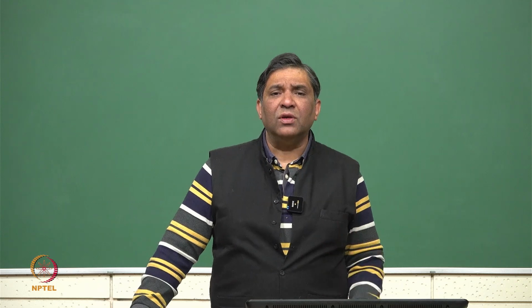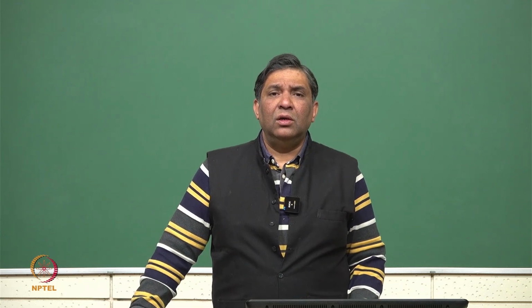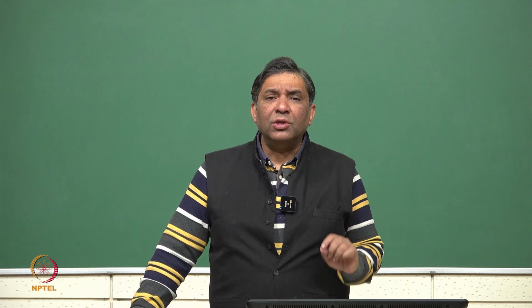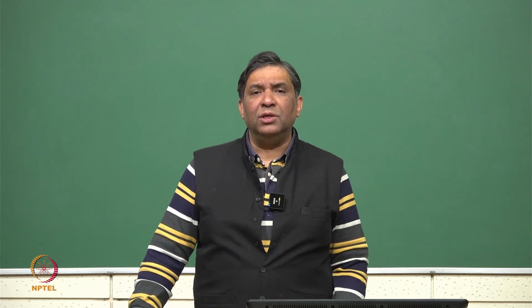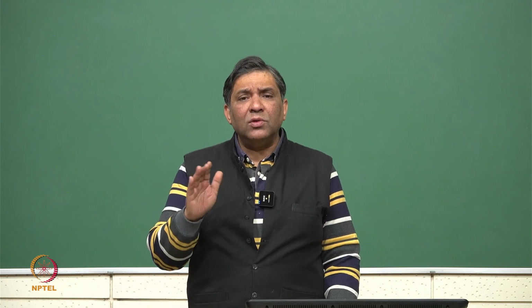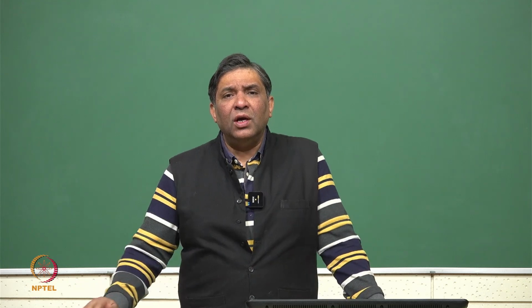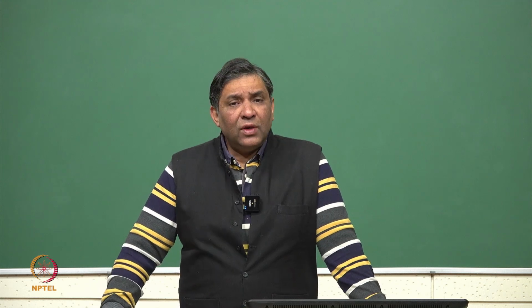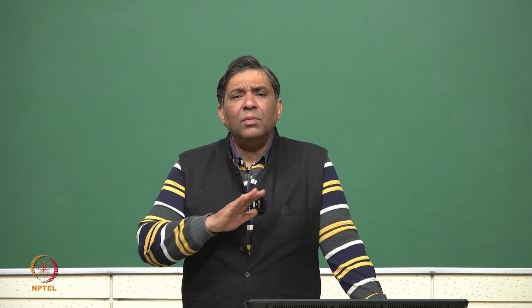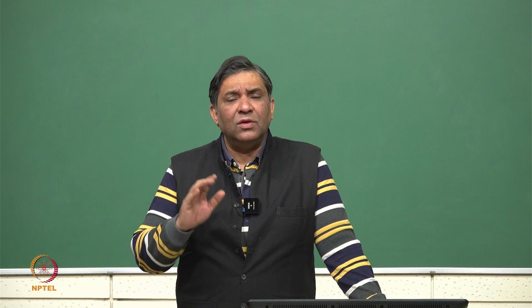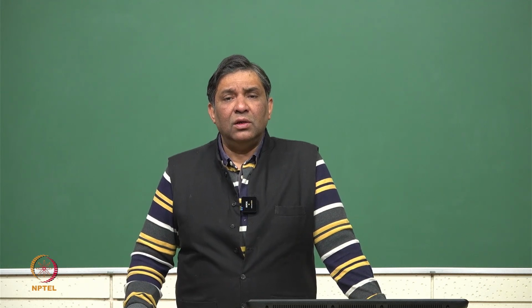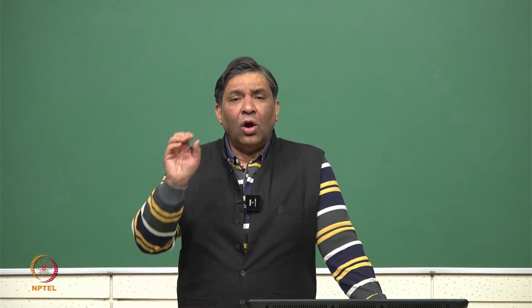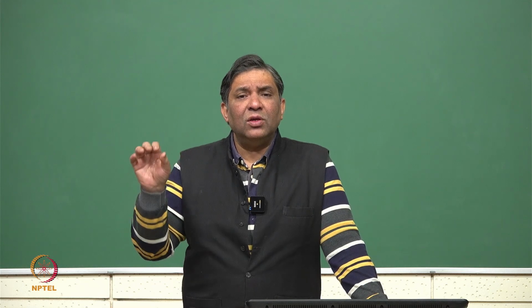The second process is Shockley-Read-Hall recombination, or defect mediated recombination. If you remember when I was discussing the synthesis of silicon, we have seen that there are many elements which are present as defects. It is not only the elements present as defects.